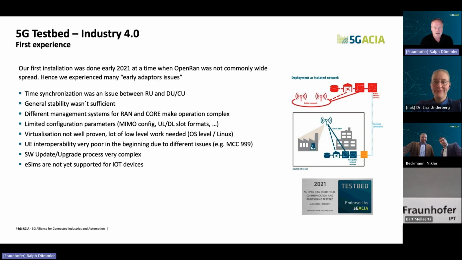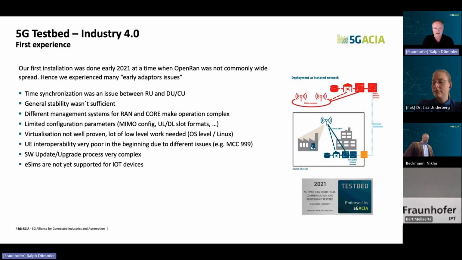We then started in 21 with the real installation of the system and figured out quickly that even in 2021, we were still quite early adopters of the Open RAN technology. So there was not a widespread, let's say, base of reference systems or even test systems.